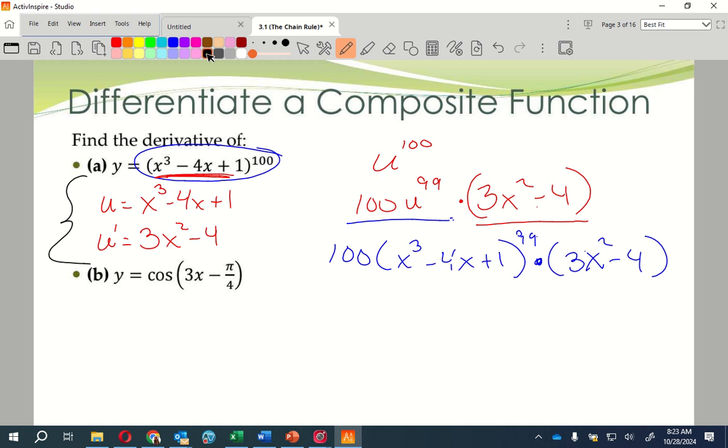Okay? So now, in this next one here, identify, what do I want my u to be? What's the inside on this? Very good. 3x minus pi over 4. So I'm going to say that u is that.